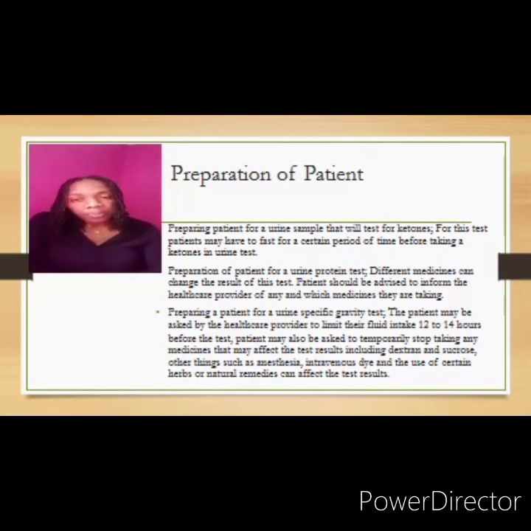It is also important that patients be made aware that certain medications, remedies, or herbs, and anesthesia, also intravenous dye, may affect the results of the urine test, and as such, the patient should inform the healthcare provider of any substances or medication that they are taking.